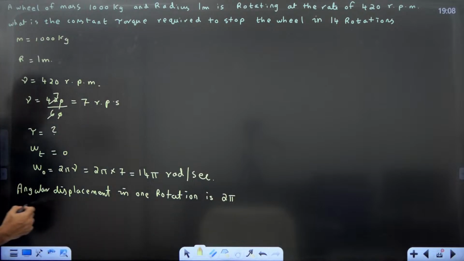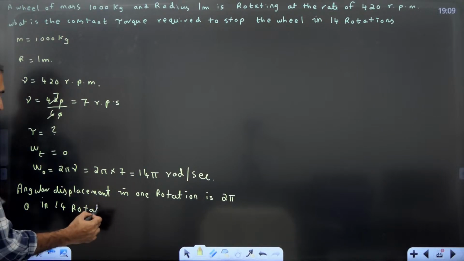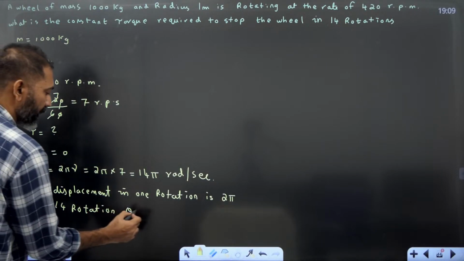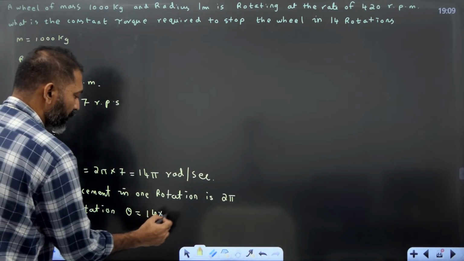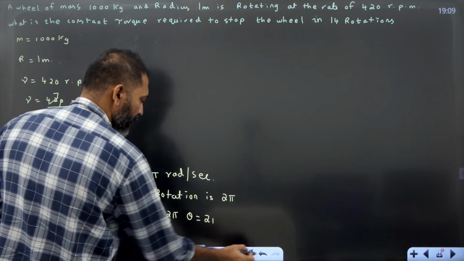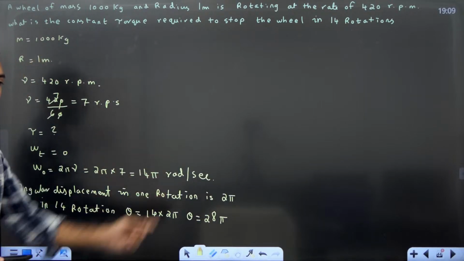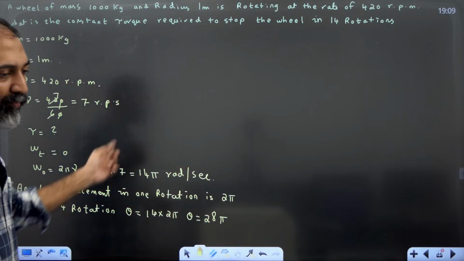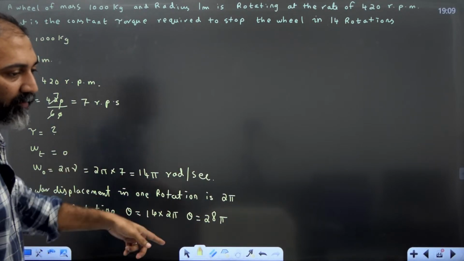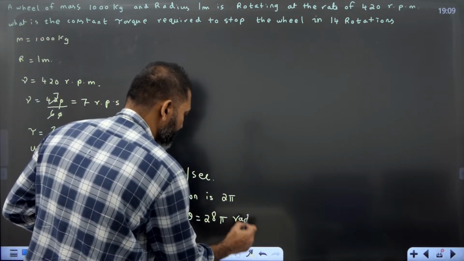So angular displacement theta in 14 rotations or 14 revolutions will be 14 into 2 pi, that is 28 pi. Please concentrate, in one revolution it goes through an angle of 2 pi radians. So in 14 revolutions, 14 into 2 pi, that is 28 pi radians.